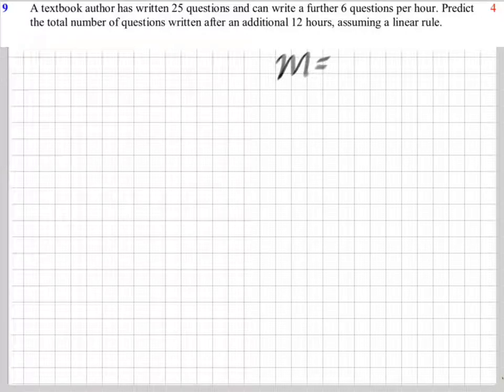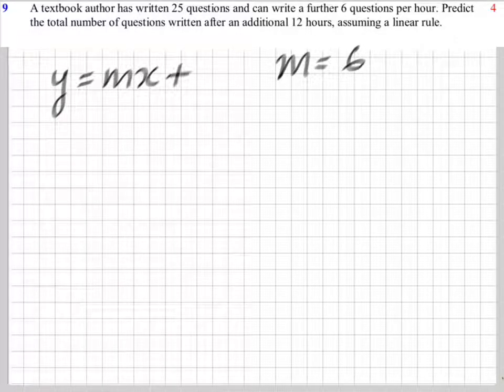So I'm going to write my m. My m is 6, and to find our y-intercept, x is equal to 0, which will leave you with a constant. What would the constant term be? If I write the equation, y is equal to mx plus c, usually to find our y-intercept, x is equal to 0.